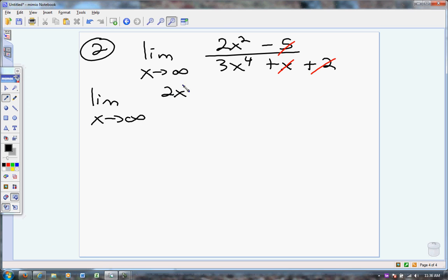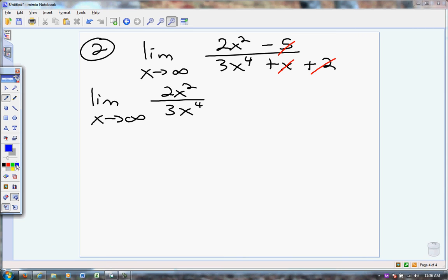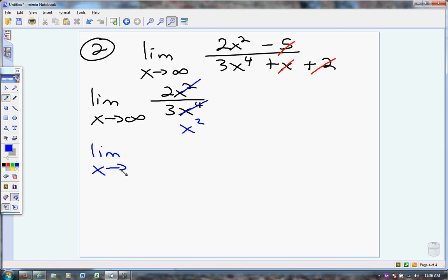I'm left with 2x squared over 3x to the 4th. So that means I still have an x in the bottom. When I simplify this, I'm going to be left with an x squared. So what I have is the limit as x approaches infinity of 2 over 3x squared.